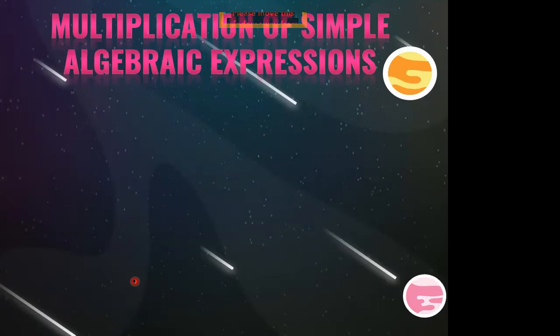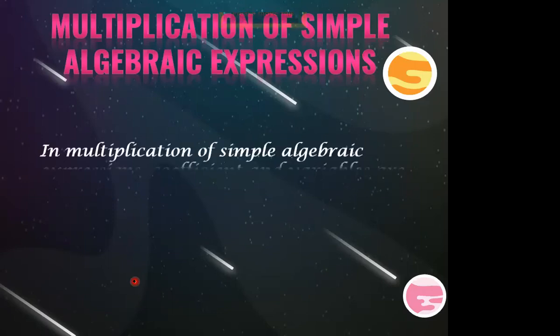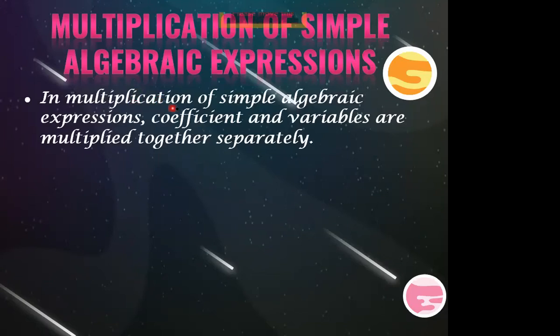If you are going to multiply any algebraic expressions, coefficients and variables are multiplied together, meaning you will multiply coefficient with coefficient and variable with variable, but separately.